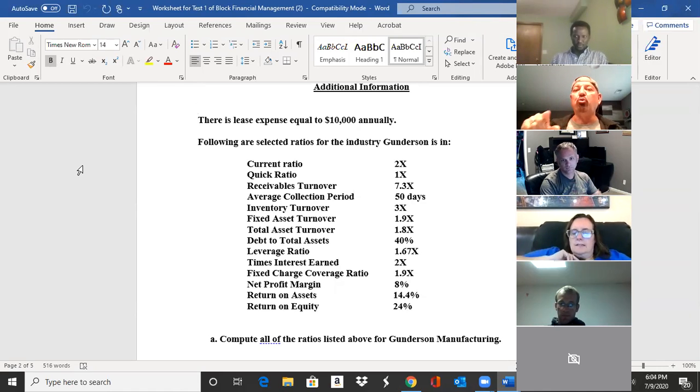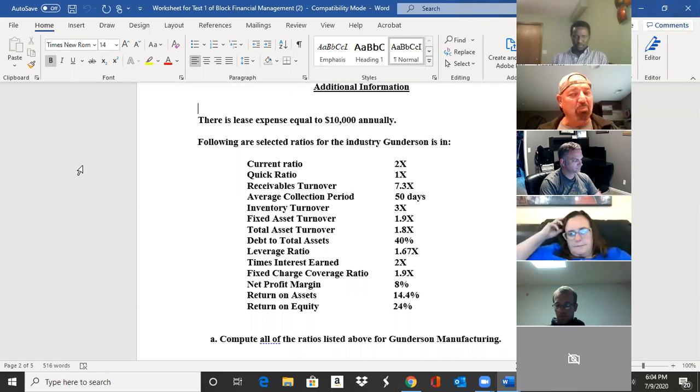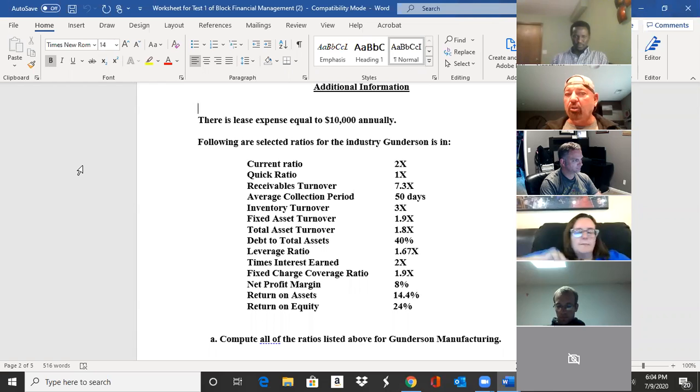Because remember, in the DuPont formula, and this will be good to remember for the multiple choice questions, you can multiply the profit margin by the asset turnover ratio to compute your return on assets.